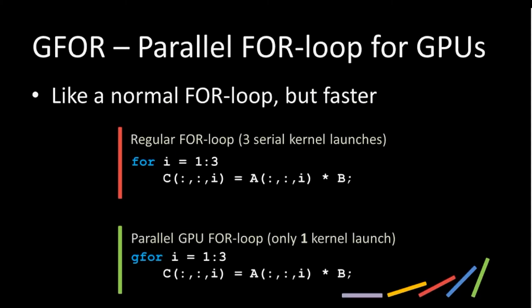So for instance, if you were to run that kind of for loop on the GPU, it would launch an individual kernel for each iteration of the for loop. However, with Jacket's GFOR, you simply append the G in front of the for, and you get a loop that is able to combine all iterations and do one kernel launch out on the GPU, meaning that all iterations can, in parallel, do the computation.